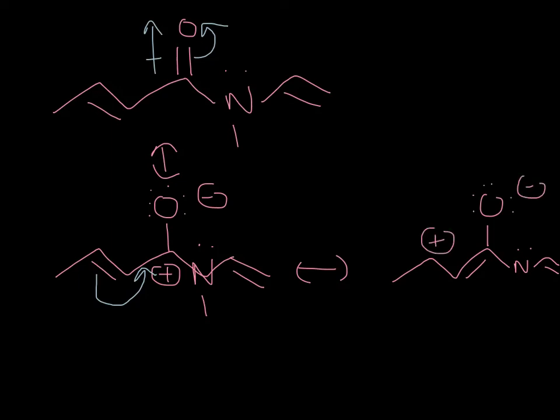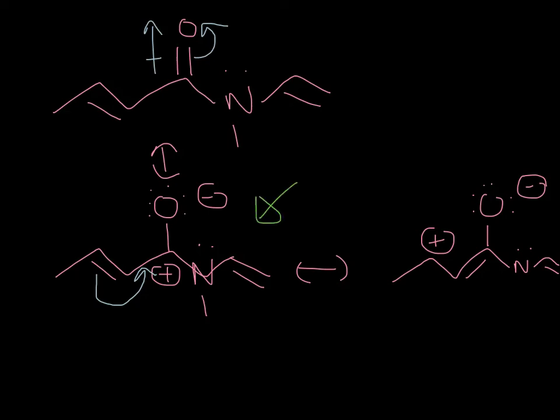And that would give me this structure here. So now I've got a positive charge on the carbon that lost electrons, and my carbonyl carbon gained electrons, and so it's now neutral.